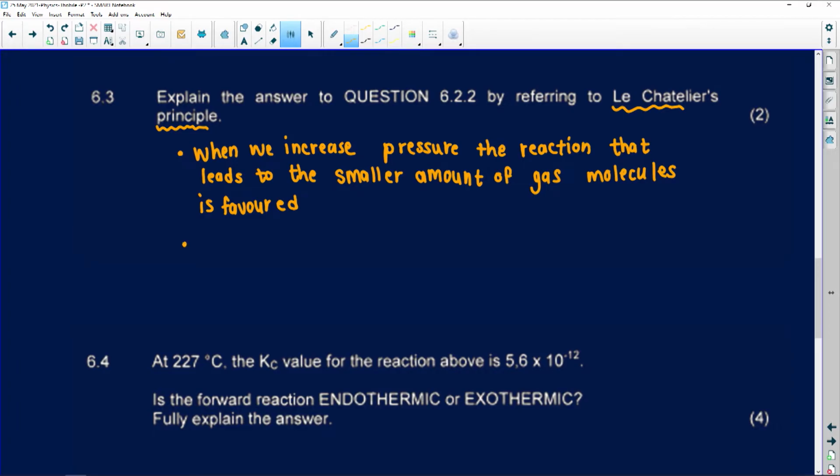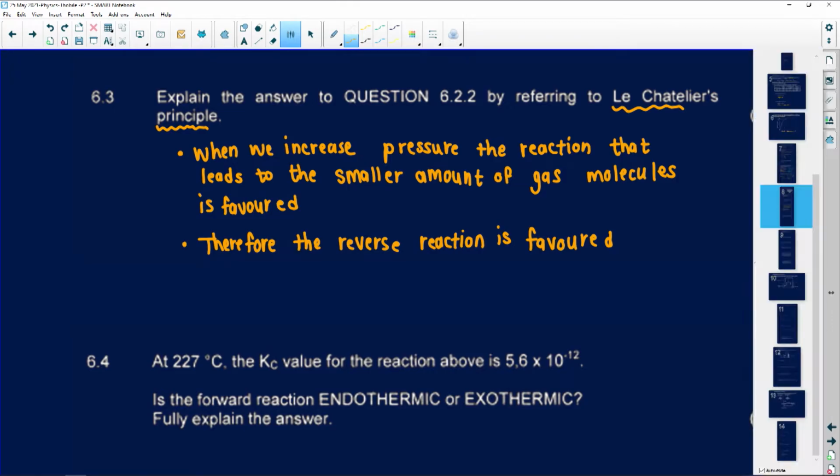And then what this means, therefore, is the reverse reaction is favored. So when we increase the pressure, the side with the smaller gas molecules will then be favored.